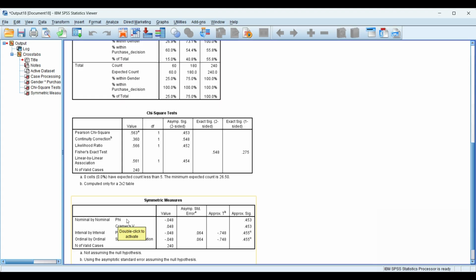The phi value is minus 0.048 and the Cramer's V value is 0.048, and the p value in both cases is higher than the significance level 0.05. So it means we accept the null hypothesis and reject the alternative hypothesis because there is no association between gender and purchase decision. Thank you very much for this video, and wait for my next video on statistical and quantitative tools.